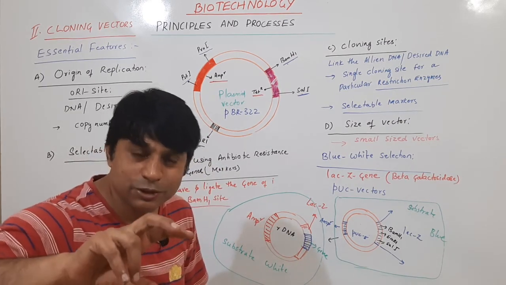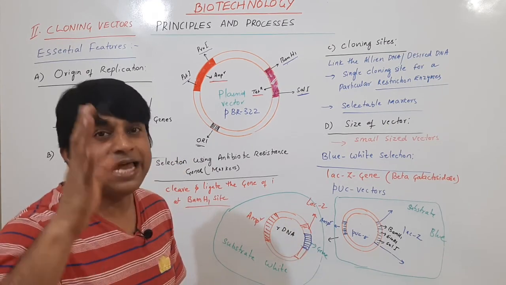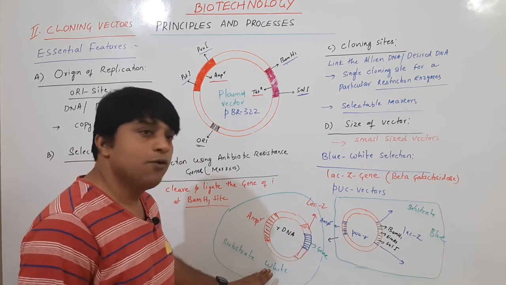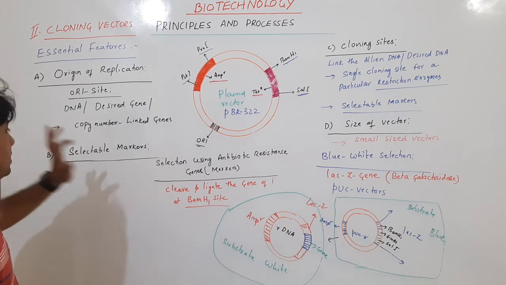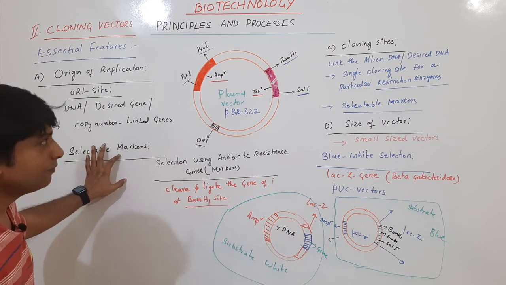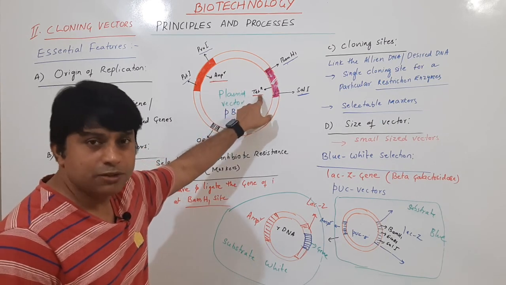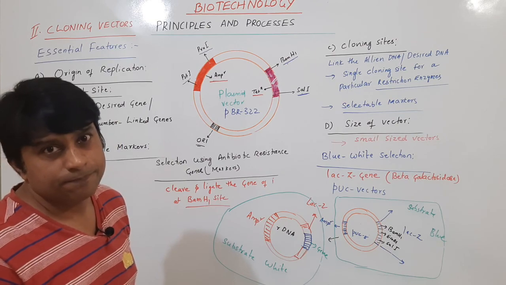Because that enzyme is not synthesized, this is called insertional inactivation. Because of insertional inactivation, it will give white color colonies. So this is how, by using selectable markers, where the particular gene of interest is located, recombinants and non-recombinants can be differentiated, right?